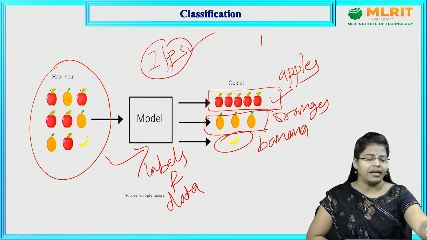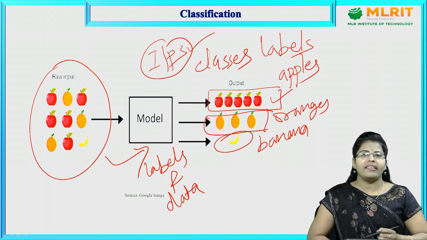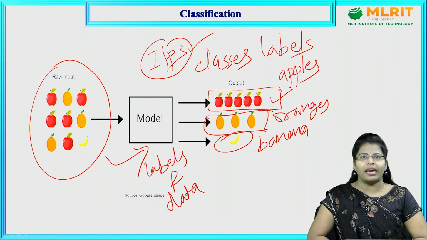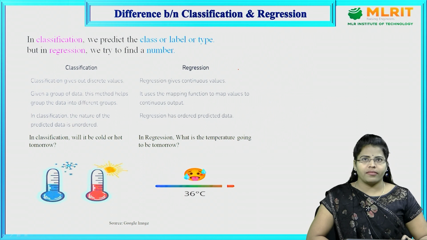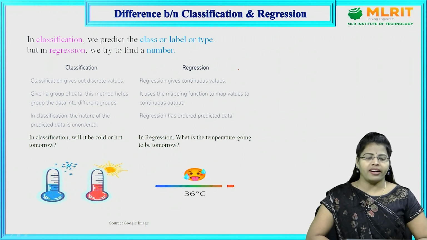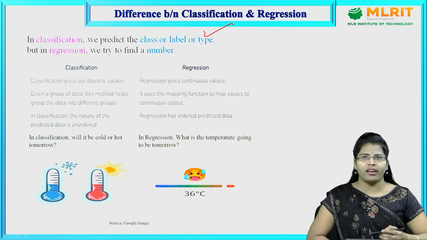These are nothing but labels, or we can also call them classes. That is nothing but the classification type of problem of supervised learning. Next, I think you have clearly understood what is classification and regression. Let me tell you the difference between classification and regression.